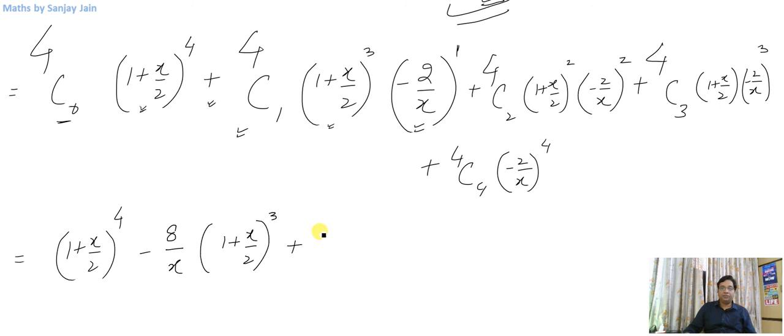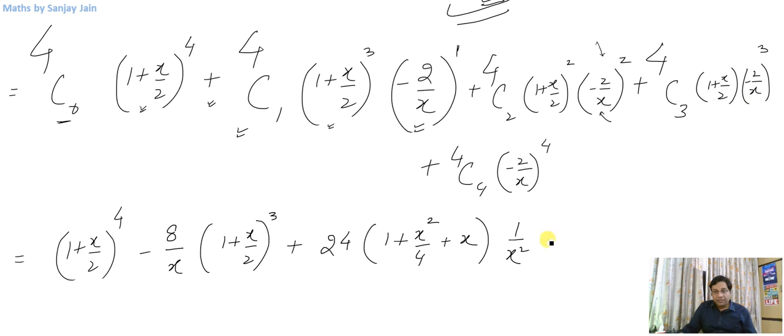Plus 4c2, that is 6, and this minus 2 squared will become 4. So 4 into 6 will be 24. And here I have (1 plus x by 2) whole squared. So let me open it directly. So x squared by 4 plus 2 into 1 into x by 2, so it will be x, right? And then this x square in the denominator, we don't have to forget it.